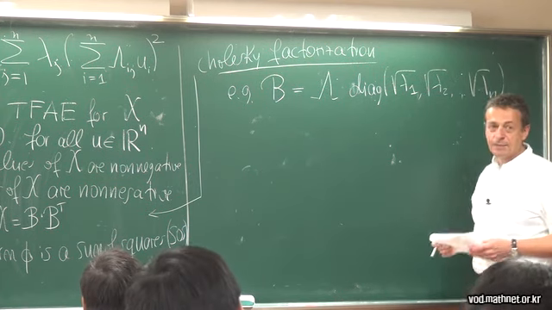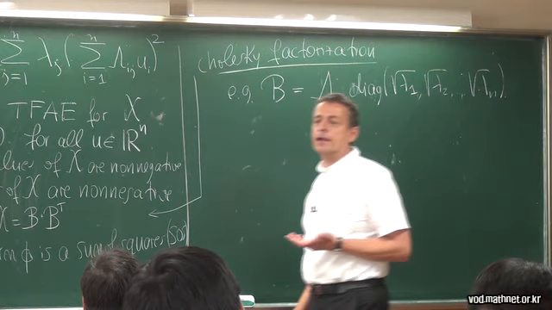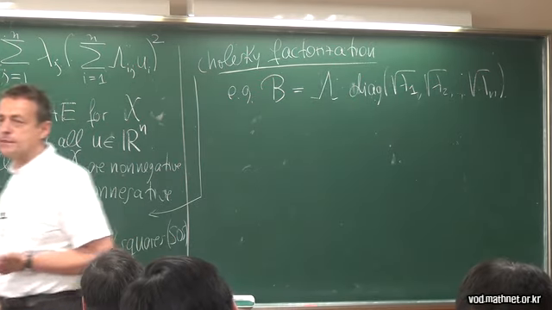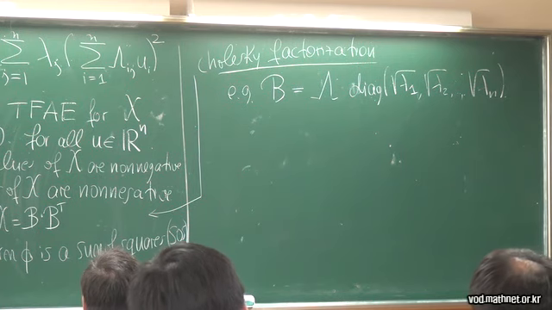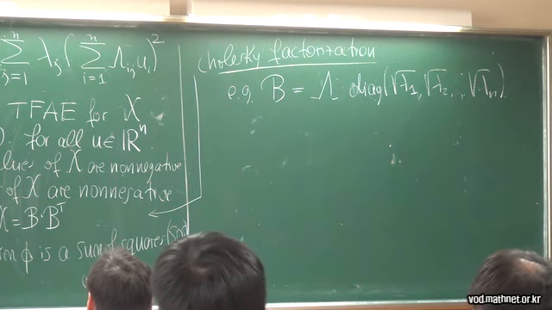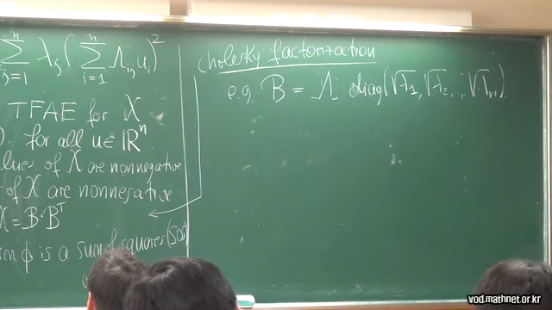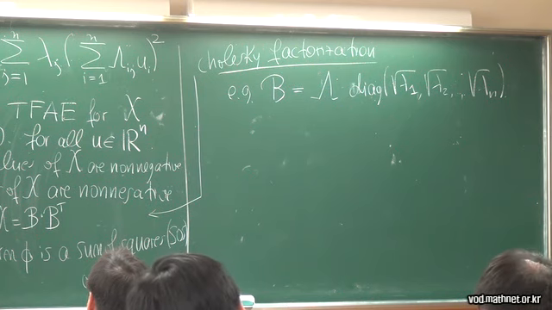So that's an example. That's a Cholesky factorization of a positive semi-definite matrix. Yeah? So if the eigenvalues are non-negative, we can take their square roots over the field of real numbers. And then this is an example of a Cholesky factorization.